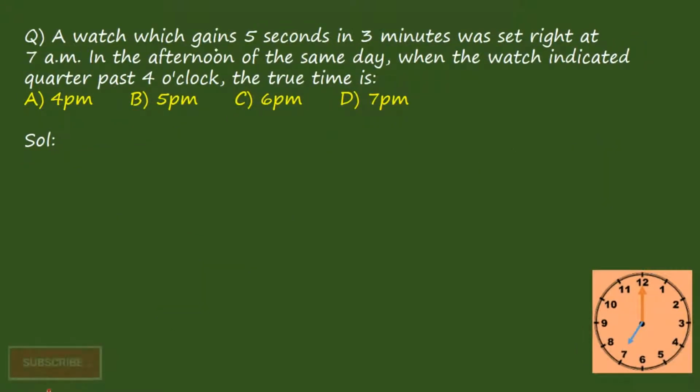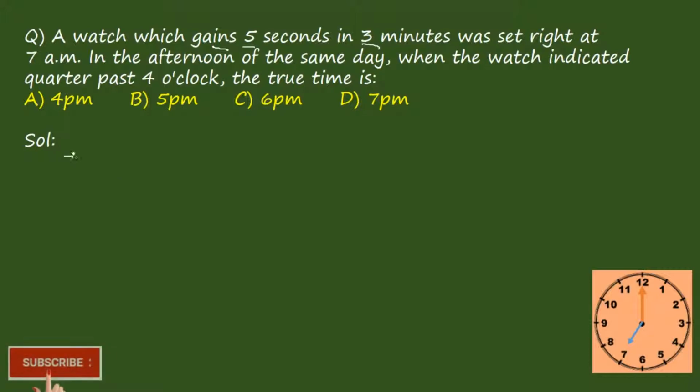Next question is, a watch which gains 5 seconds in 3 minutes was set right at 7 a.m. In the afternoon of the same day, when the watch indicates 4 o'clock, the true time is. Okay, what is there in the question? First would be understanding. There is a watch, and the watch is such that it gains 5 seconds for 3 minutes, right?